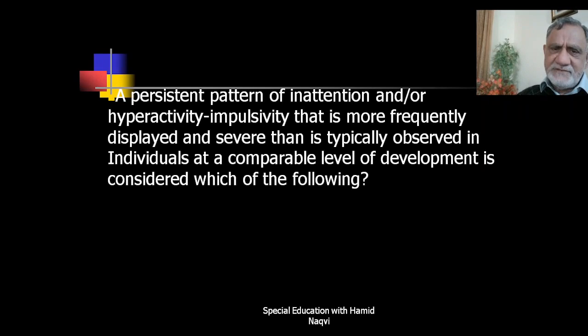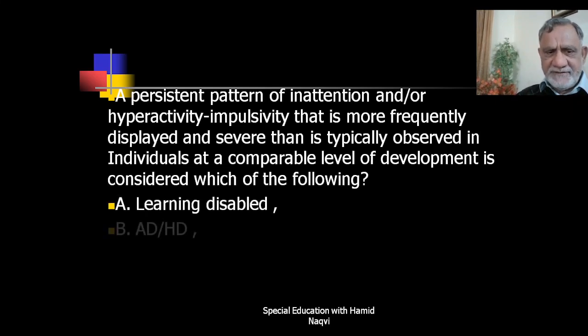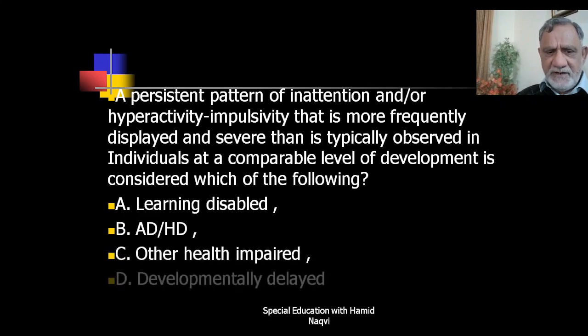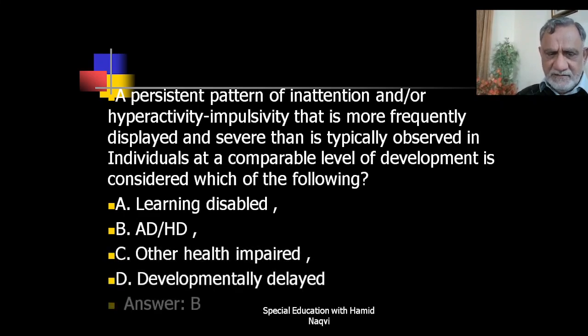A persistent pattern of inattention and hyperactivity impulsivity that is more frequently displayed and severe than is typically observed in individuals at comparable level of development is considered which of the following? Learning disabled, ADHD, other health impairment, developmental delayed. Answer is B, ADHD.